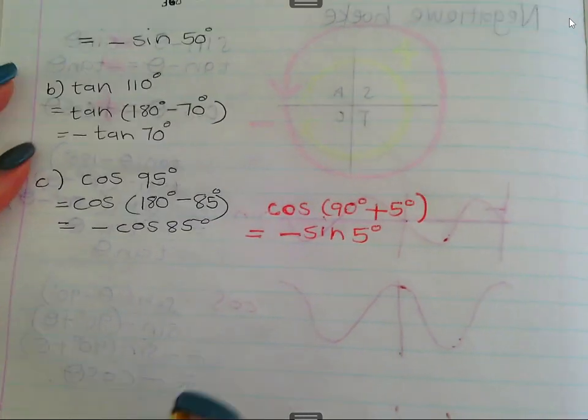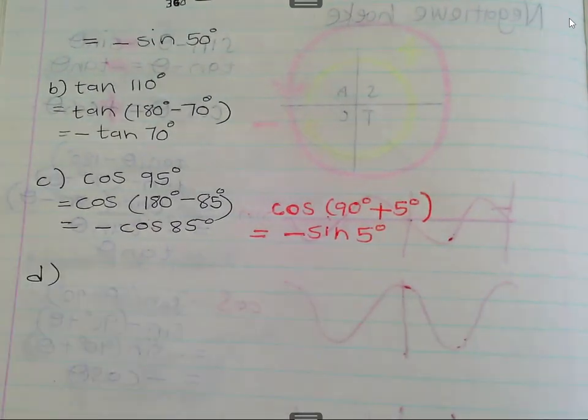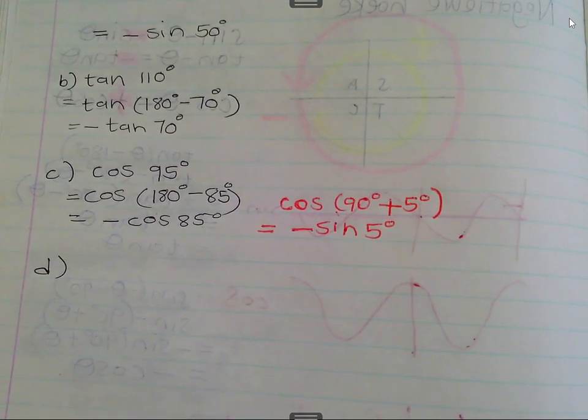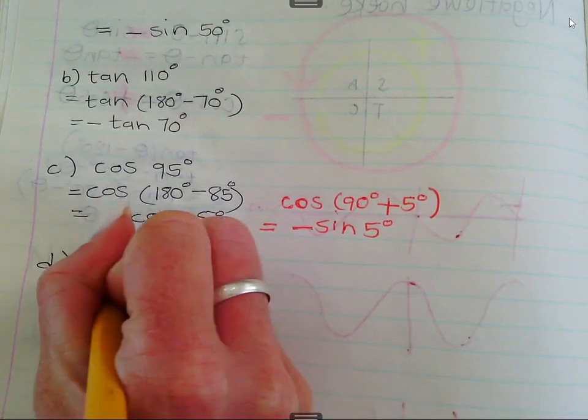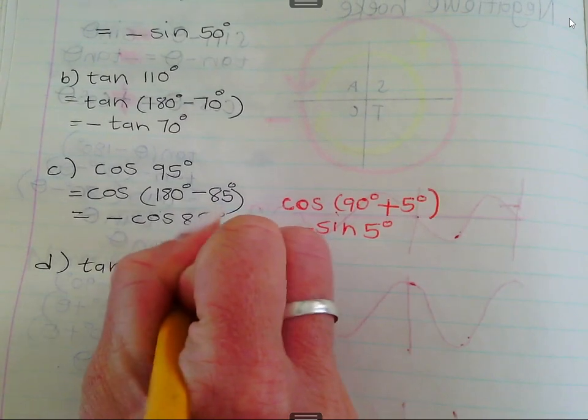You make no mistakes. Right, I'm going to do the last one that you can do by yourself. Tan 235 degrees.